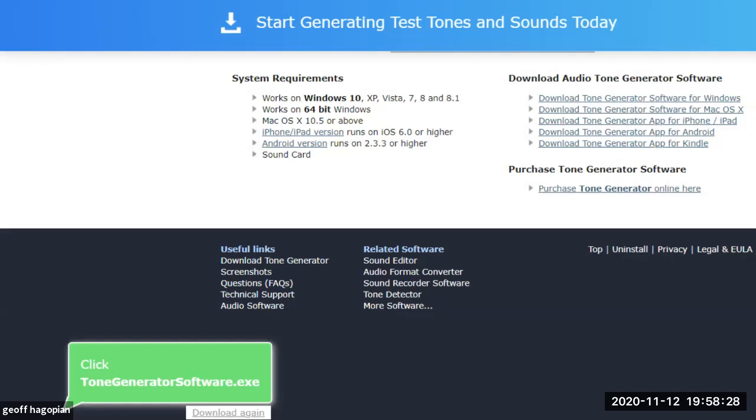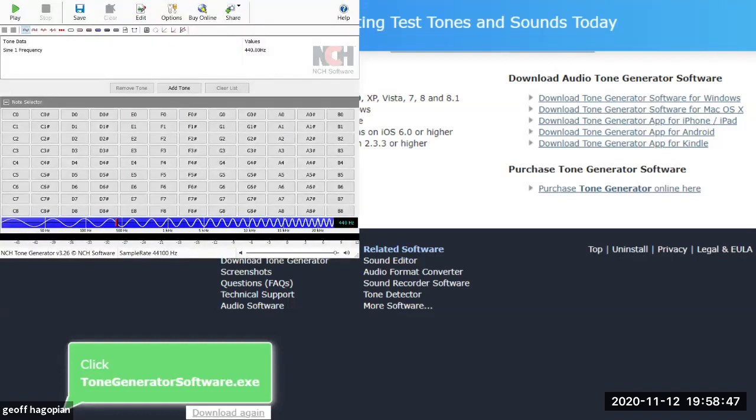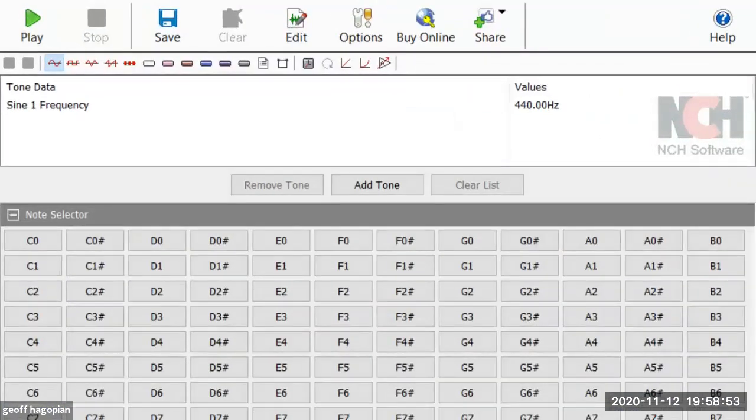Now I want to have a window for this, right? So I'm going to say add a window for tone generator. Okay, and yeah, okay. So we now have this window, and we can look at it together.